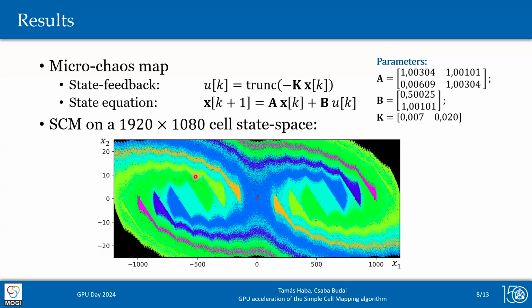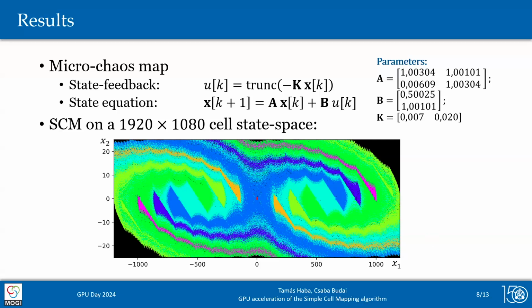And this is a solution of the cell mapping on a 1920 by 1080 sized cell state space, where different colors correspond to different periodic groups. You can see that this system has very rich dynamics, so it's a very good candidate to test this kind of global dynamical analysis tools on. And it has many equilibrium points, even some chaotic attractors.